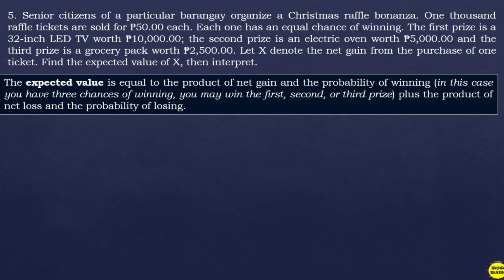Okay, again. So, you may win the first, second, and third prize, plus the product of net loss and the probability of losing. So, we take our net loss, the price of one ticket.